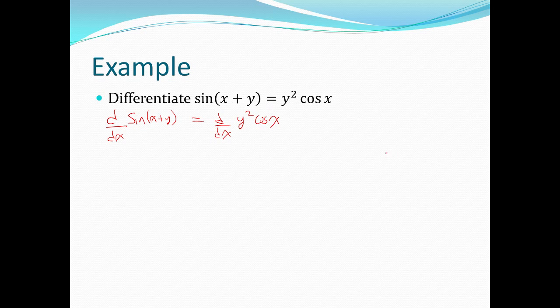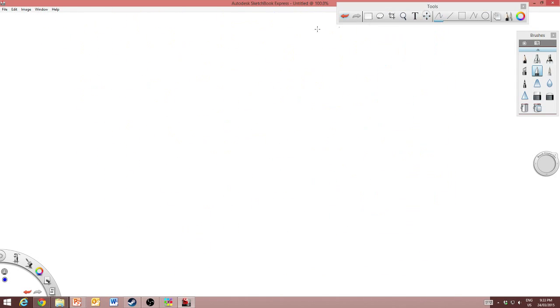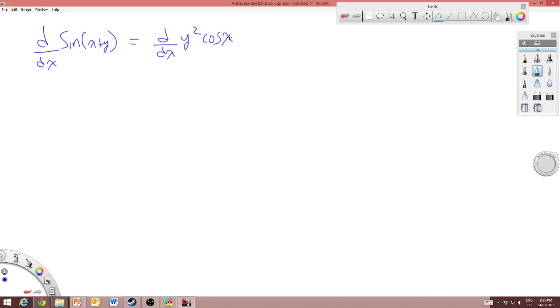Okay, let me just transfer it here. I'm going to definitely need a lot more room than my PowerPoint slide will give me. So we had written down d by dx of sine of x plus y equals d by dx of y squared times cos x. There you go.